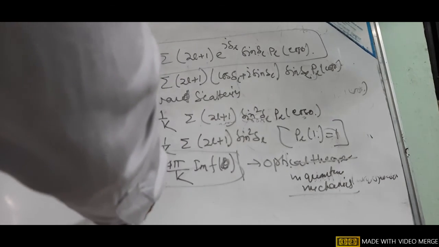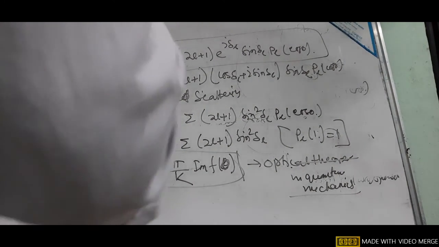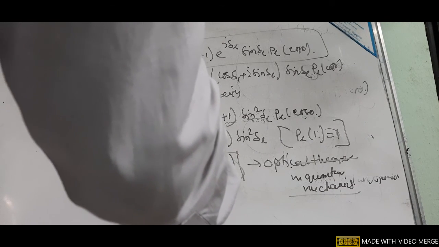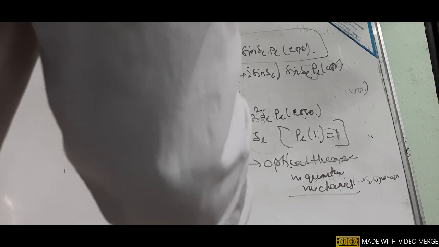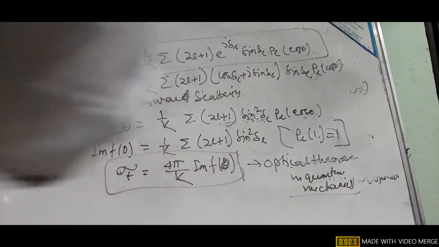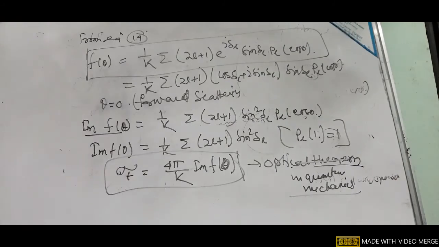So we get the total scattering cross section in the partial wave analysis for low energy scattering, which is equal to 4 pi by k into the imaginary part of the amplitude on the forward scattering, and that is known as the optical theorem in quantum mechanics. Thank you.